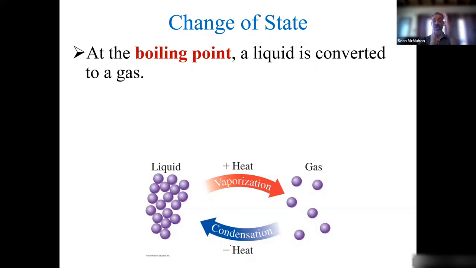So if I'm a liquid and I want to boil and become a gas, I put heat in, but again, initially, when I put the heat in, it doesn't change the temperature, it changes the state. And how is it that it doesn't change temperature? It just takes the particles and moves them further apart, so their motion's not necessarily different.